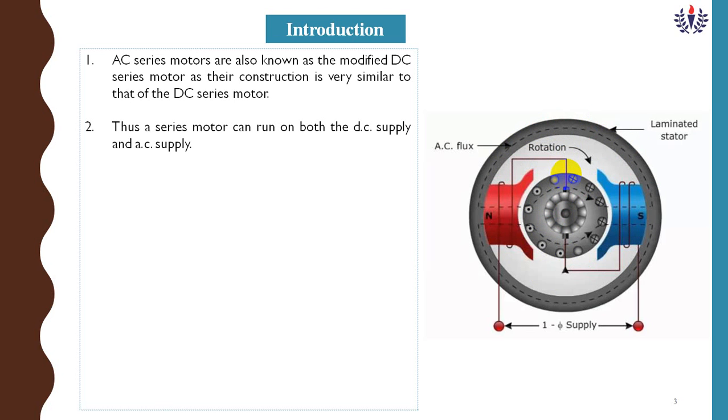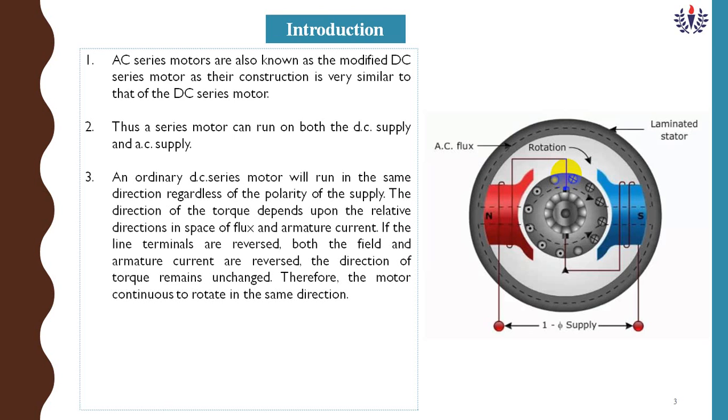This series motor can run on both DC supply and AC supply. In a DC series motor, the polarity of the supply matters. In DC, the torque is proportional to flux into armature current: T is directly proportional to flux and armature current.